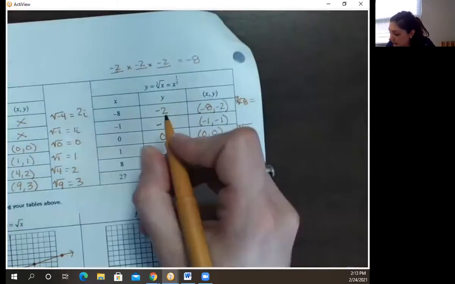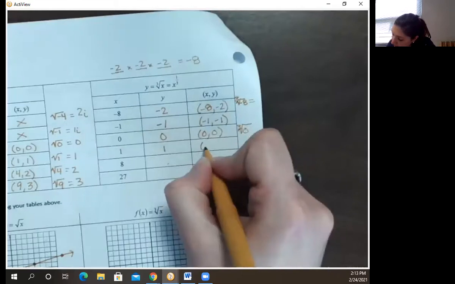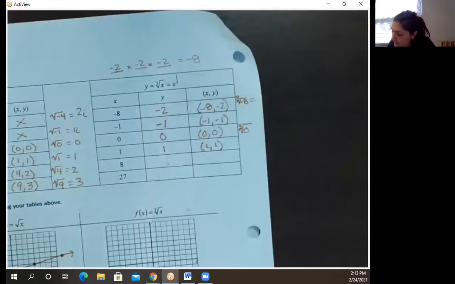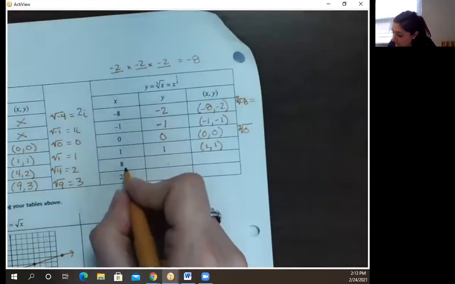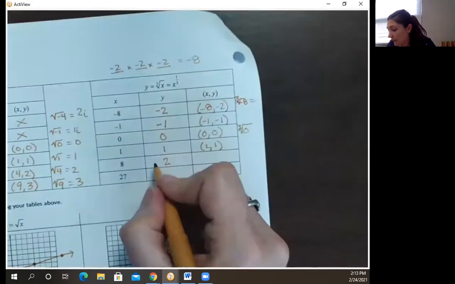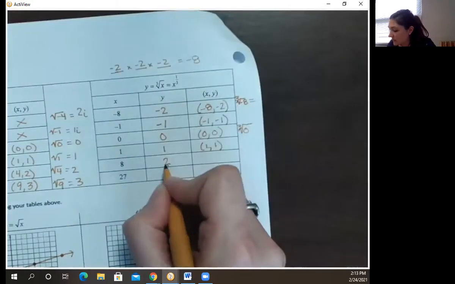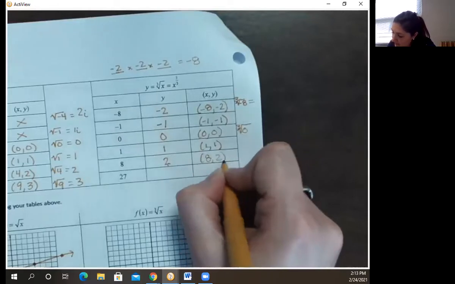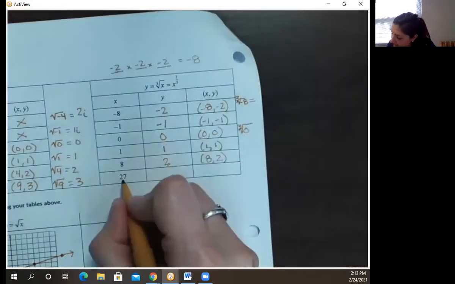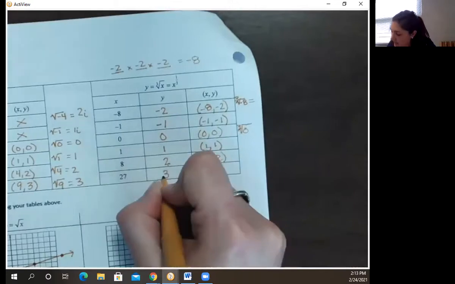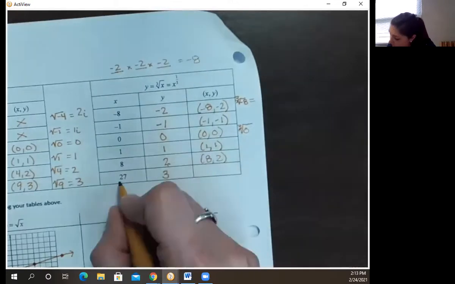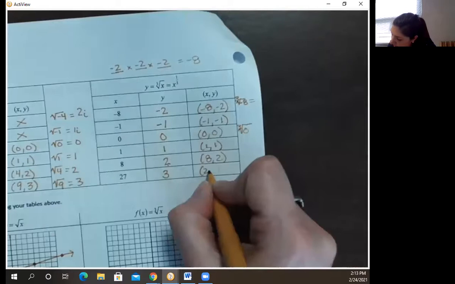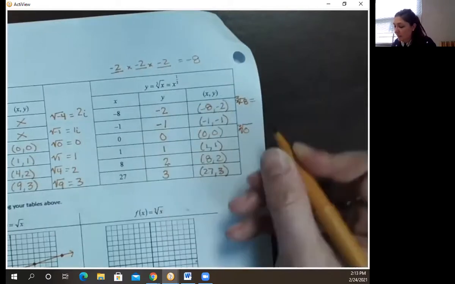The cube root of 1 would be 1. So I'd have the point 1, comma, 1. The cube root of 8 would be 2, since 2 multiplied by itself 3 times would give me 8. So I have the point 8, comma, 2. And then for 27, that cube root would be 3. 3 cubed gives me 27. So 27, comma, 3.